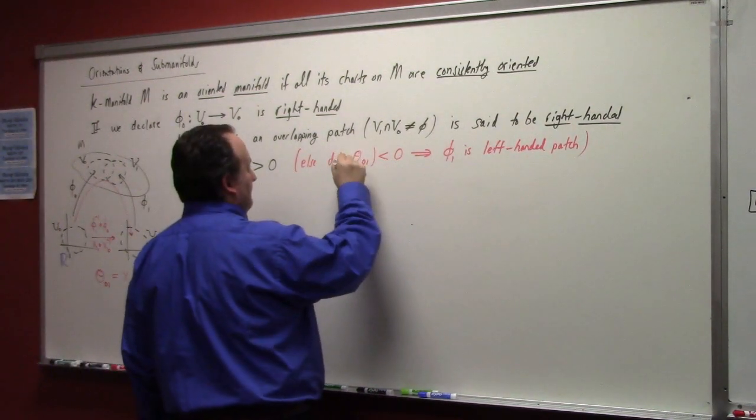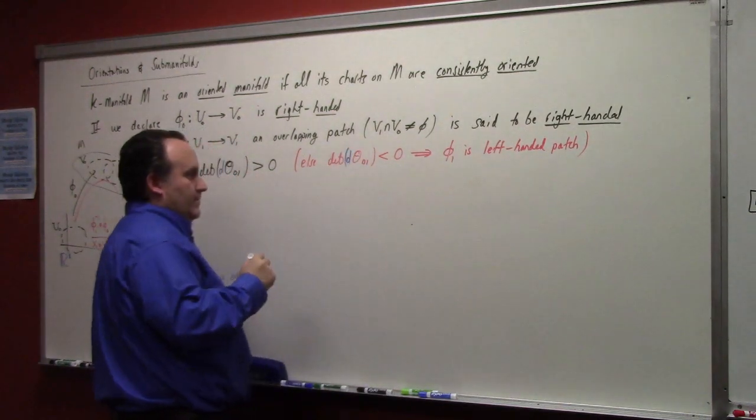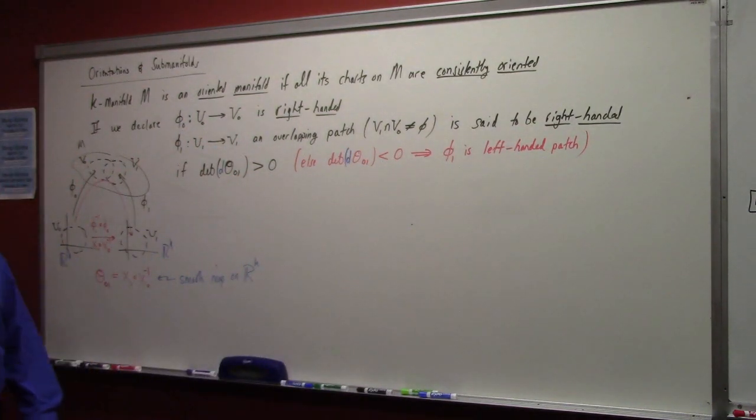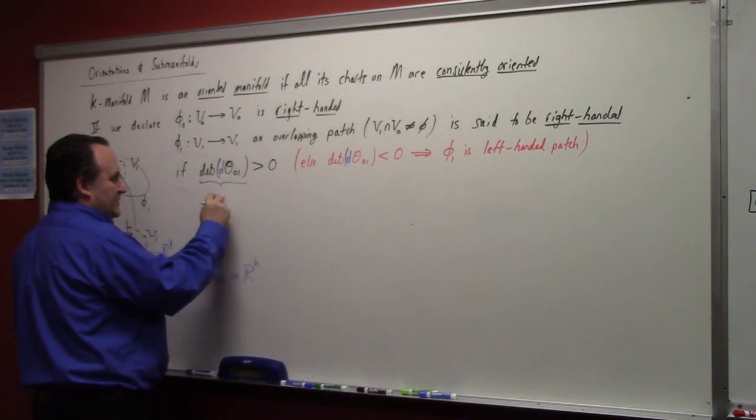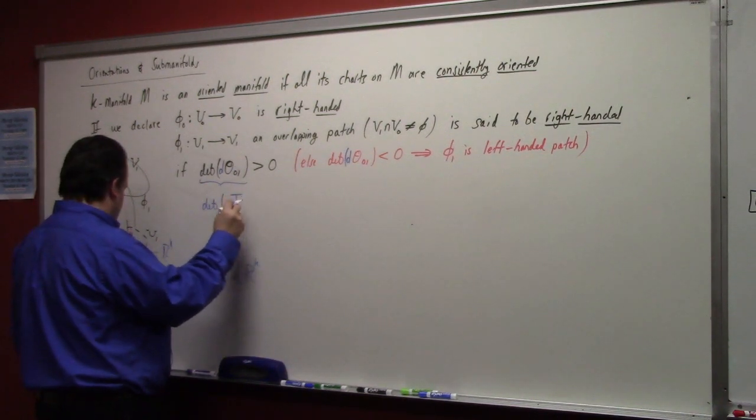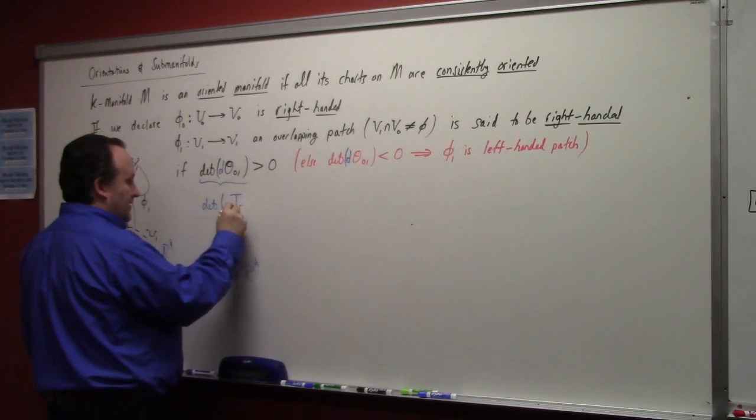And what does that mean here? I'm talking about the differential of the transition map. So what this really is, just to be more explicit, is the determinant of the Jacobian of this guy here, the transition map.